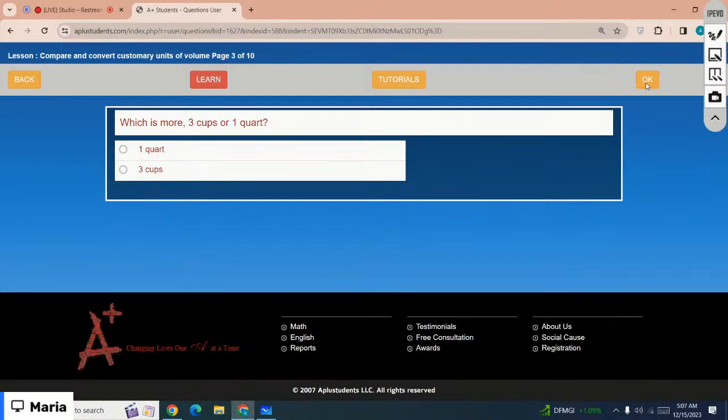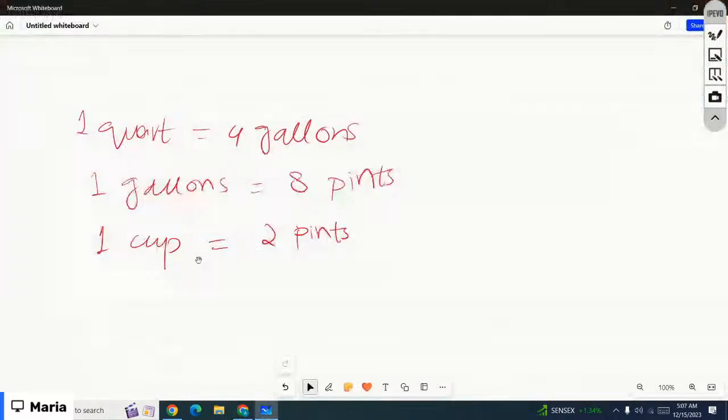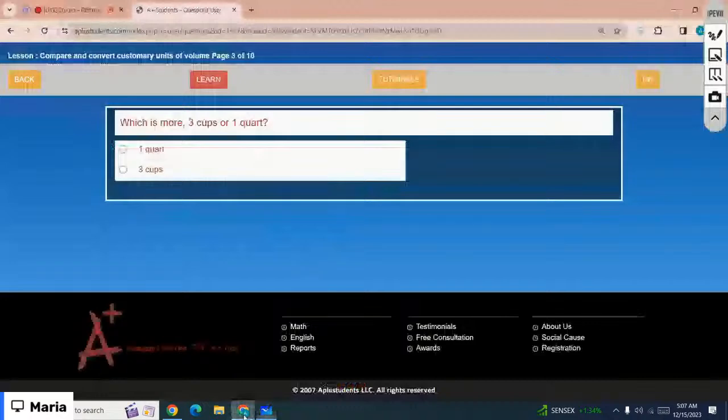Which is more, 1 quart or 3 cups? Which is the correct option? That is a comparison between the cups and quarts, right? You can note down 1 quart equals 4 cups.